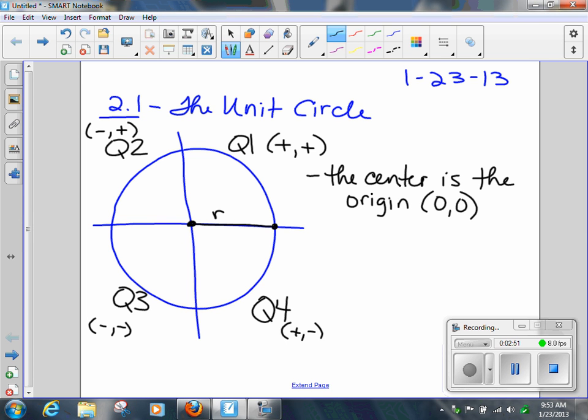This is for the unit circle. You have to know that the length of the radius is 1 unit. It's 1, okay?